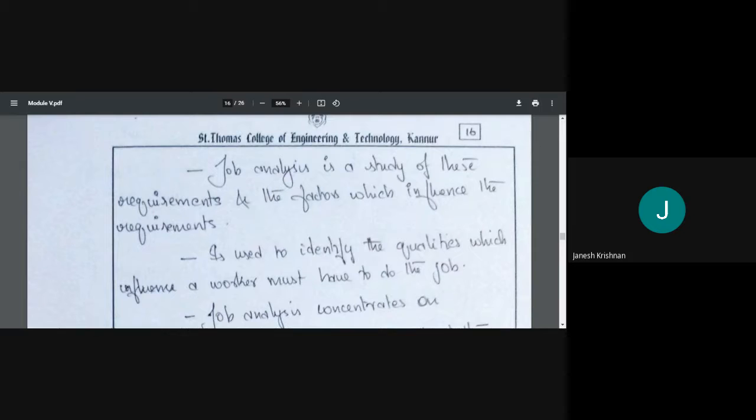Suppose you have a construction company and you are going to appoint a new engineer. He should be able to communicate in Hindi. You can keep that as a requirement. Why did such a requirement come up? Because most of your laborers are from North India. They might know only their language, Hindi.